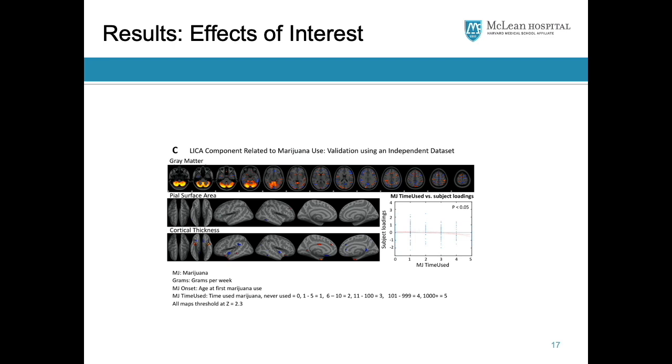So we can implement this denoising and retain effects of interest, and even enhance our ability to detect other effects of interest that were missed when all of that study and scanner variability was there in the data.